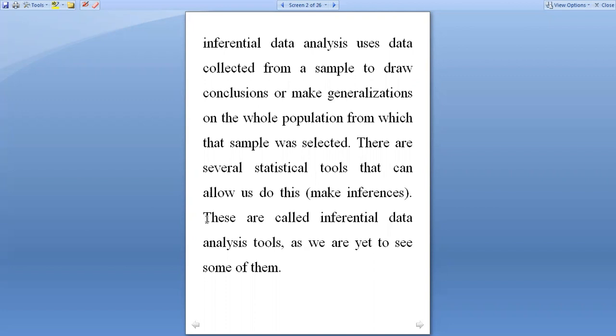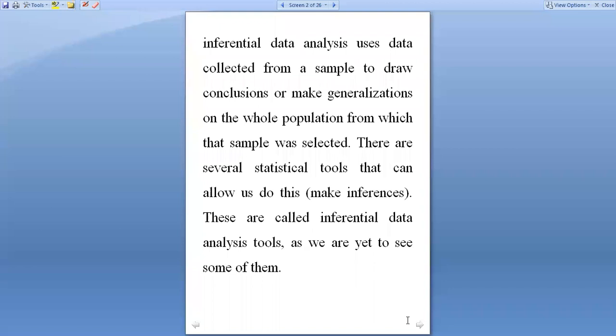For example, employees always generalize that their bosses are always at war with them. And the bosses always generalize that their employees are always at war with them. Those generalizations are not based on scientific methodologies. Otherwise, here in inferential statistical analysis, we are using scientific approaches to make generalizations or conclusions about the population of interest.